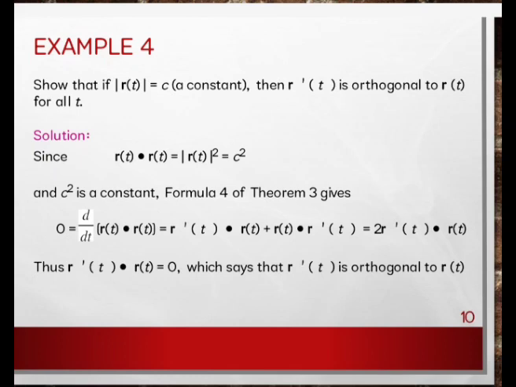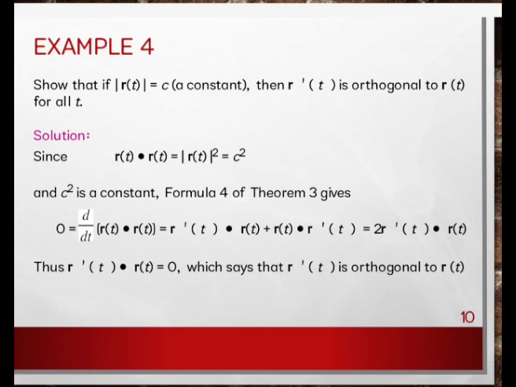So since r(t) dot r(t) is equal to the absolute value of r(t) squared, which also equals c squared, and c squared is a constant, then we can use formula 4 in theorem 3, which gives us 0 is equal to d/dt of r(t) dot r(t), which is equal to r prime (t) dot r(t) plus r(t) dot r prime (t), which is equal to 2 r prime (t) dot r(t).